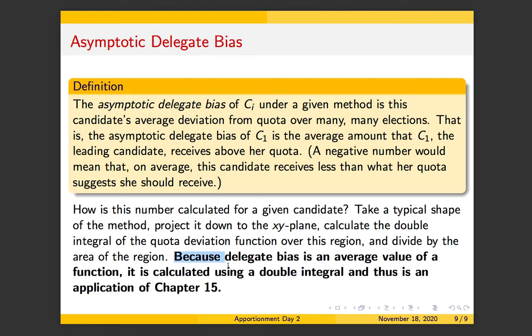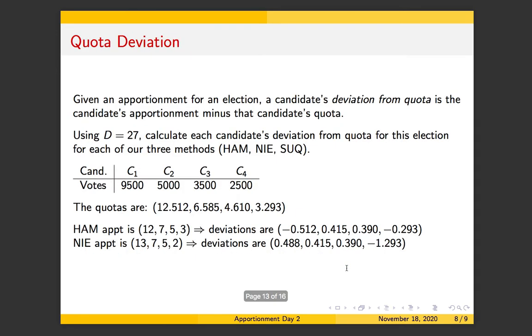So, punchline, because delegate bias is an average value of a function, the function being deviation from quota, you calculate it using a double integral and then dividing by the area, and thus studying the bias of these methods is an application of chapter 15 of your textbook.